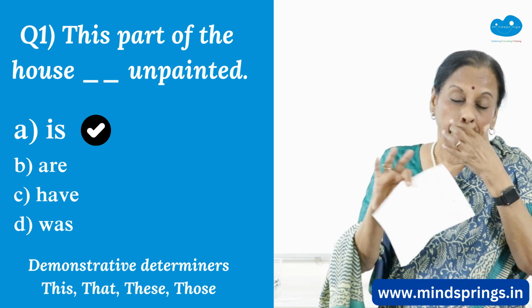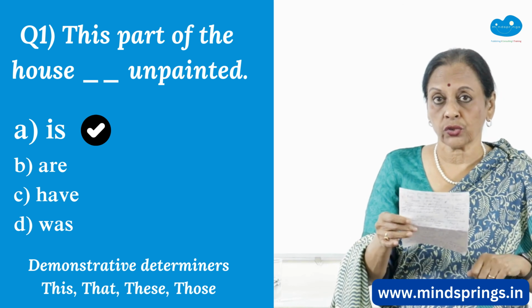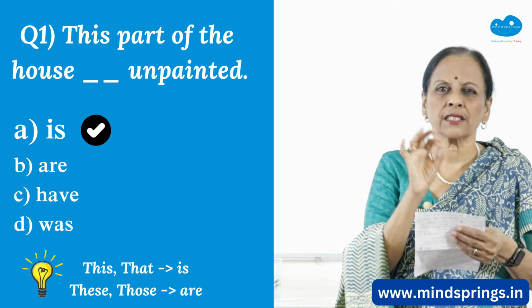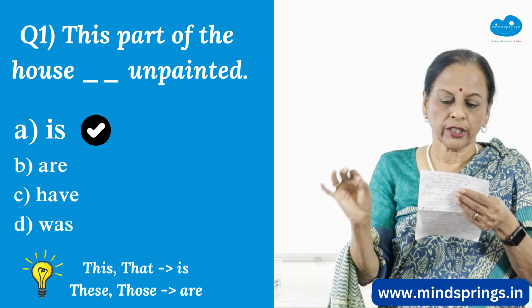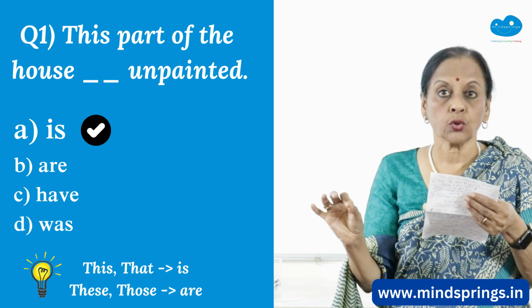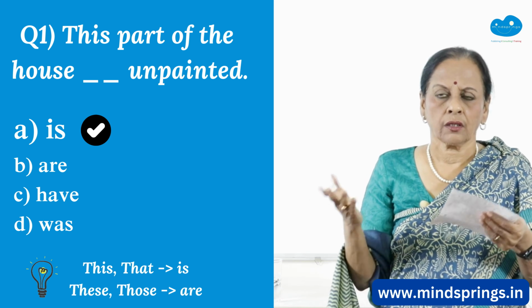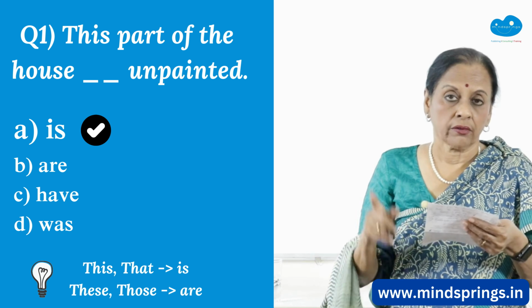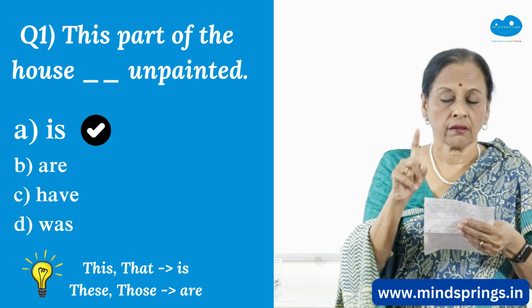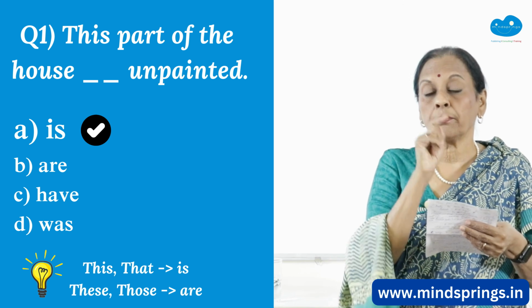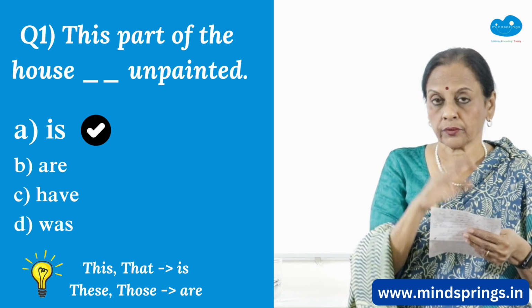Whenever you see this or that, you put an is. If you have these or those, you put the plural. This is the rule. So we have done one sentence. Whenever you see any of these 4, remember what you should do. That's the rule.